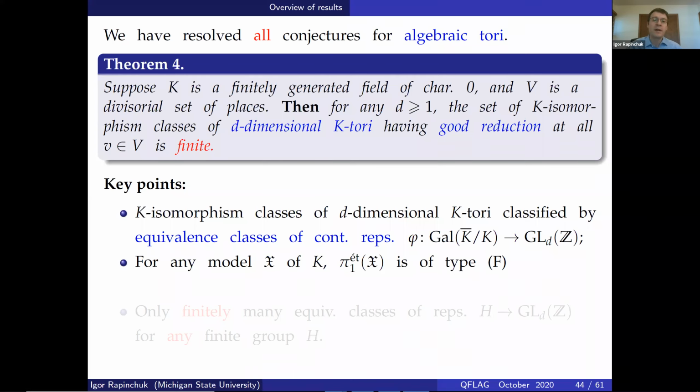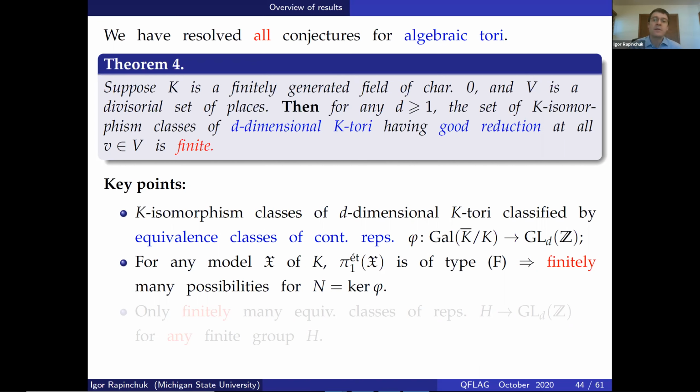Then we use a result, proved by Faltings in some special cases and by Hiranouchi and Harada in general, that for any model of our field, the étale fundamental group satisfies Serre's condition F. We use this to deduce that there are only finitely many possibilities for the kernels of such representations.